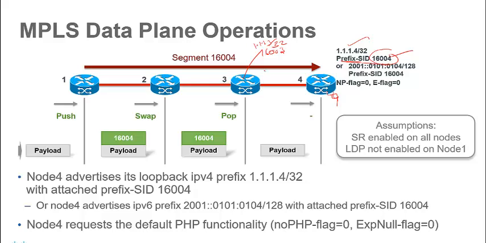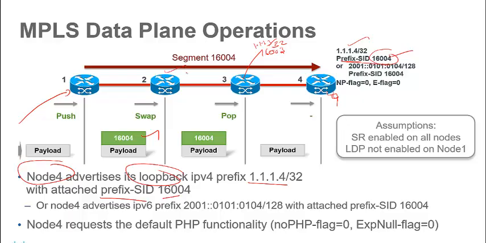So every router knows where 16,004 is and where 16,003 is. So when a packet arrives at this router, which wants to go to the loopback interface address of router 4, the prefix SID 16,004 is attached.